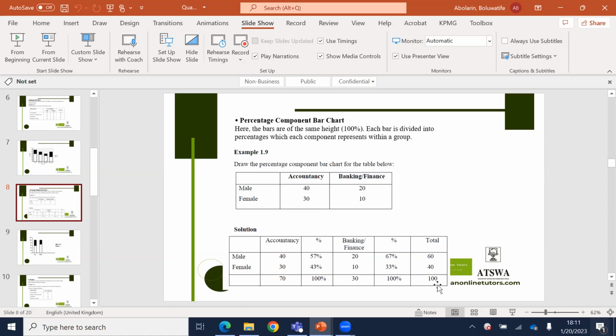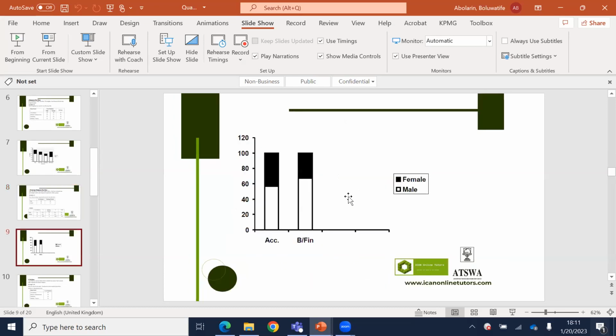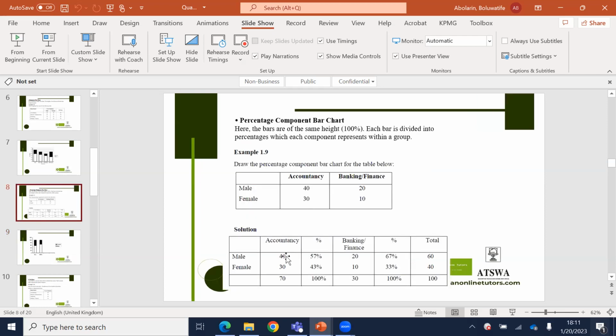Now let's draw the percentage component bar chart. I want us to be quick. So let me show you the solution. This is how it looks, this is what I want to draw. We only have two things, which is accountancy and banking and finance.